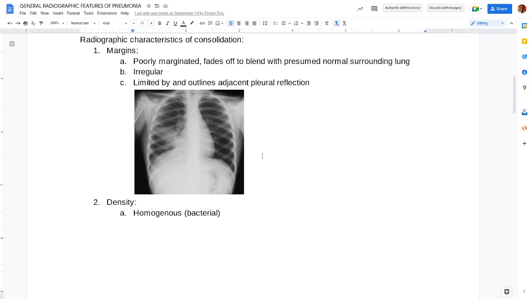Over time it may, but it may be restricted because there are fibrous bands across there where the infection is, making it difficult for the bacteria to penetrate.